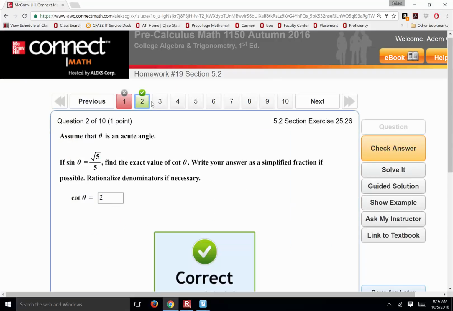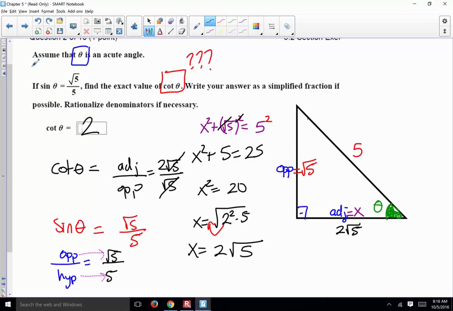Moving on, any questions? So here is the story. Build your triangle, put down what's known, find out what's unknown by Pythagorean theorem, make your asked trigonometric function by using the relations between the sides.